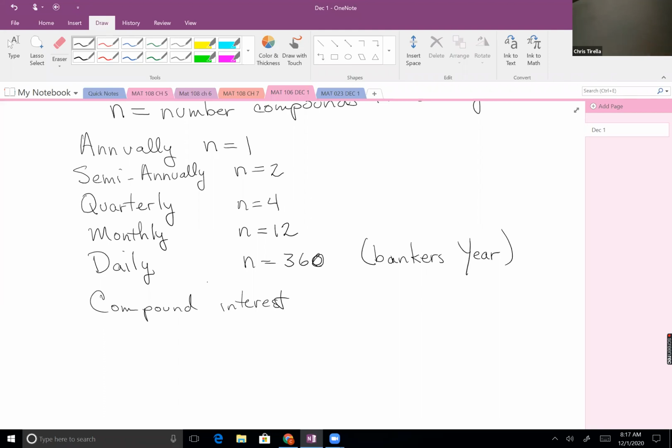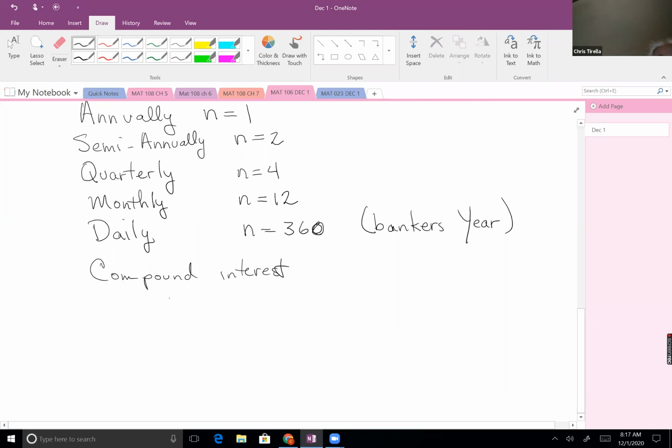You kind of start getting unmanageable. And so we have this formula that says that A is equal to P times 1 plus r over n to the nt.